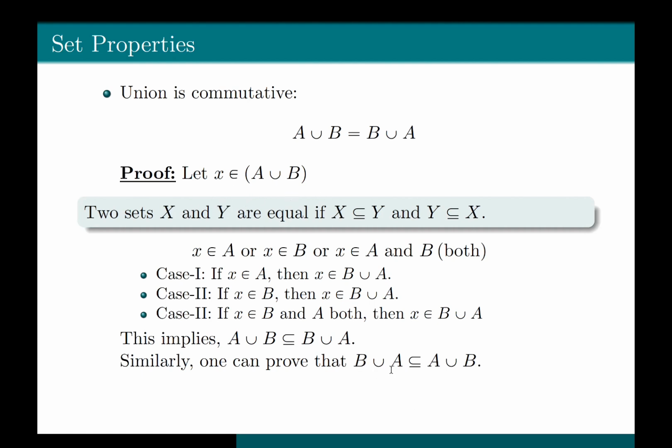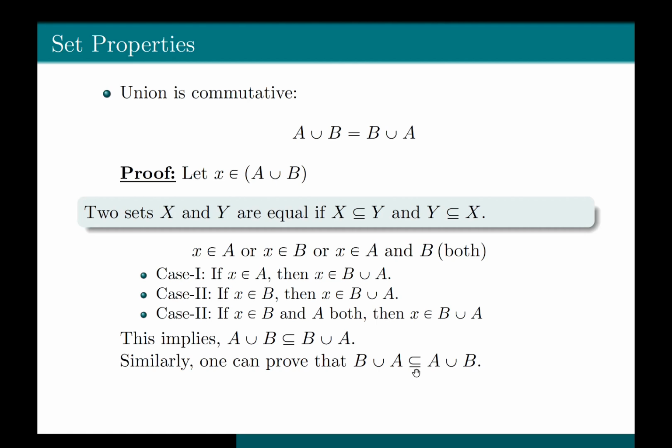And if x belongs to B union A, we will have three cases, that either x belongs to just B, or x just belongs to A, or x belongs to both the sets A and B. In either of these three cases, if x just belongs to B, then also it should belong to A union B. If x just belongs to A, then also it will belong to A union B. And if x belongs to both these sets, A and B, then also it belongs to the union of these two sets.